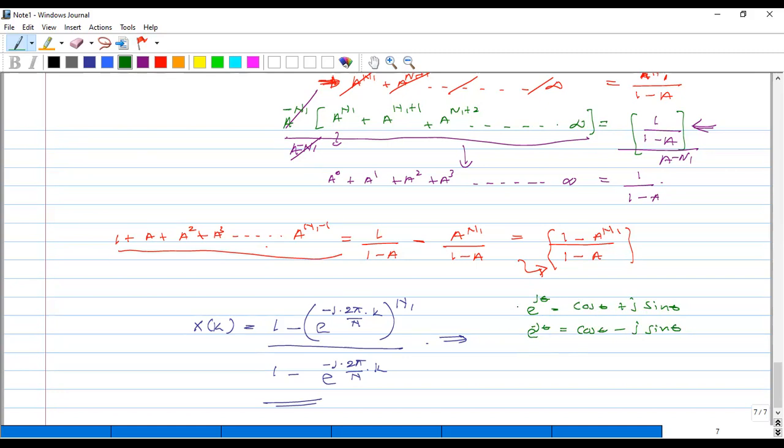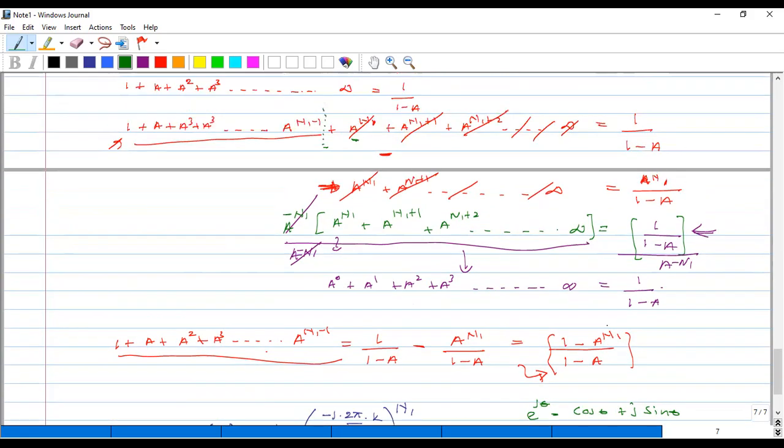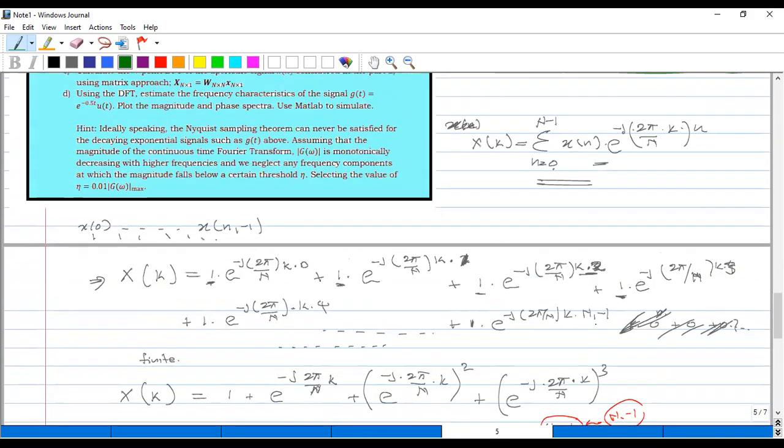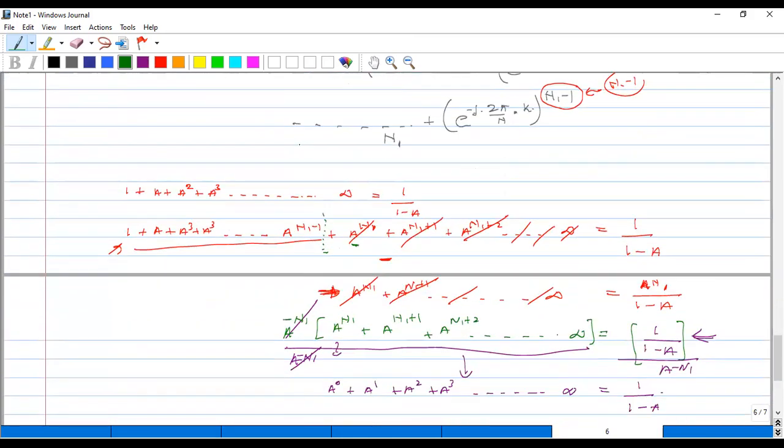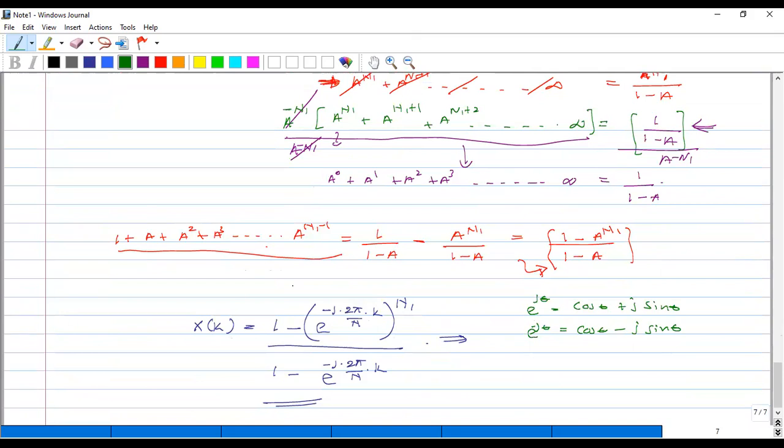Then you can convert this e to the power value to cos θ and j sin θ. Here we have only the sine value, no? So if I subtract, we will get the sine value only.